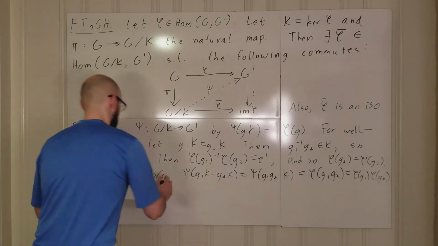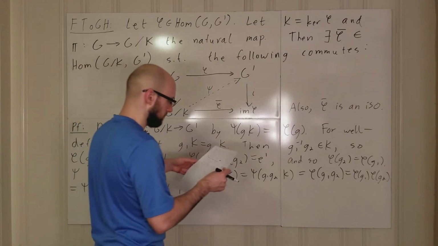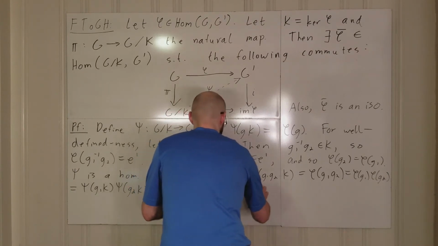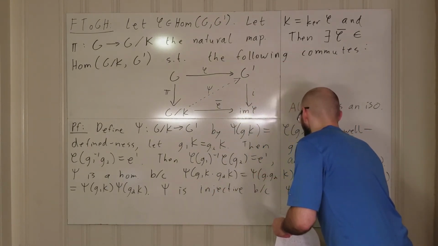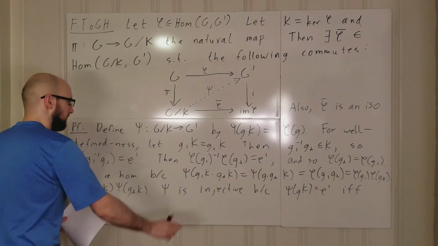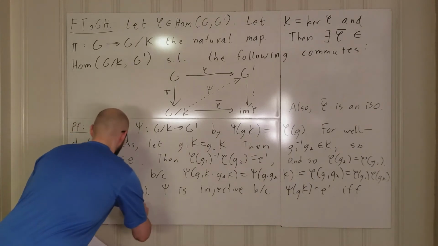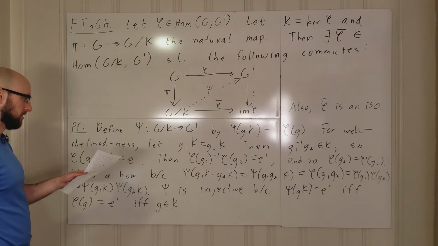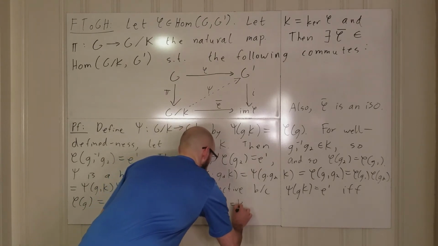See here. Psi is injective because psi of gk is going to be equal to e prime if and only if phi of g is equal to e prime, but that happens if and only if g is in the kernel, i.e. g is in k, and if g is in the kernel, it's if and only if gk equals k.